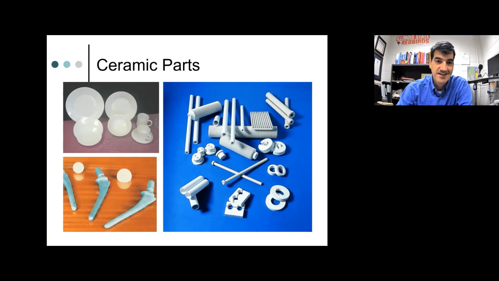And every time I look at this, I have to admit I wince a little bit because I have a history in my family of having bad hip joints. There's a lot of people in my family that have hip replacements. And I know that hip replacement surgery is pretty gruesome.